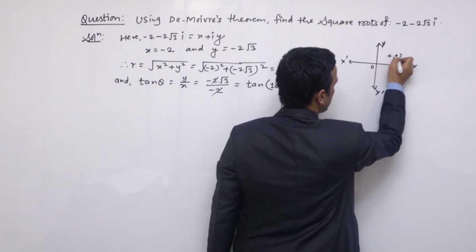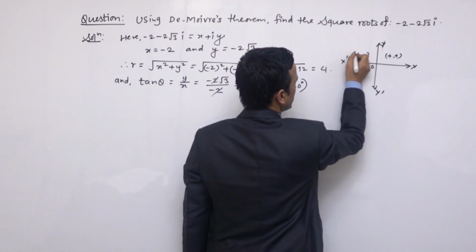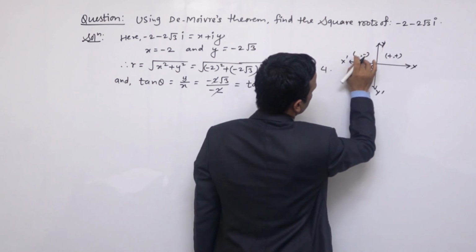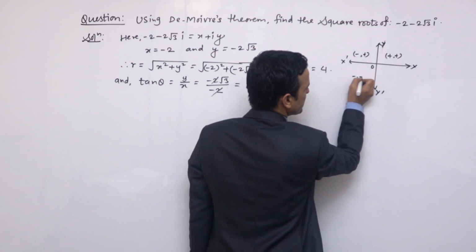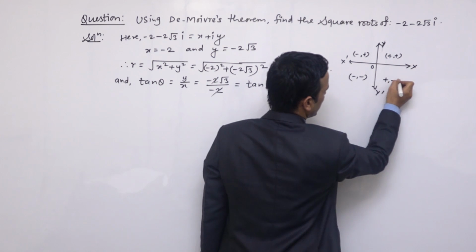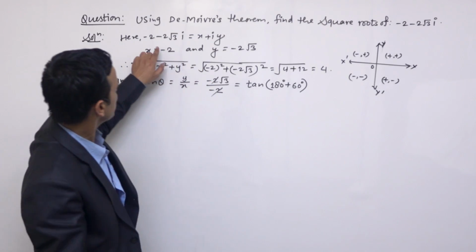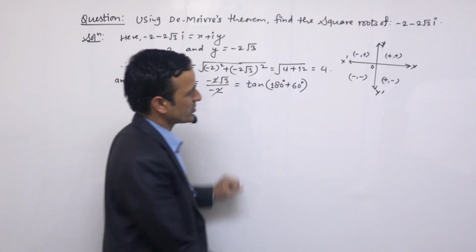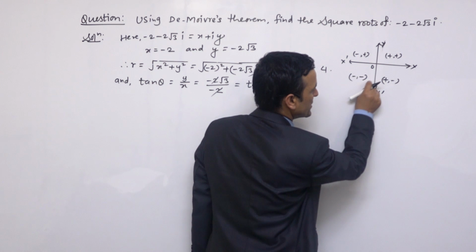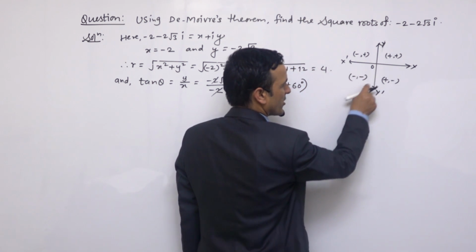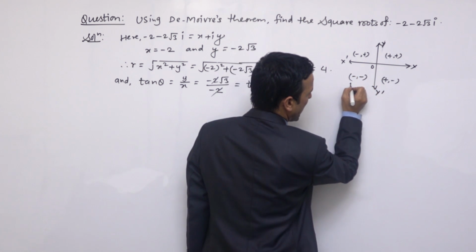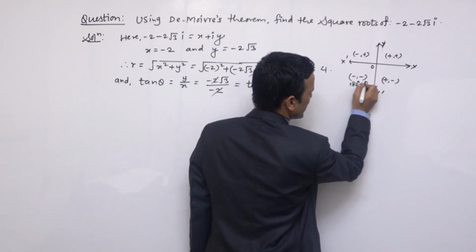Here is plus and plus, here is minus and plus, here is minus and minus, here is plus and minus. So since x is negative and y is negative here, we take the third quadrant. So we take the third quadrant, and in the third quadrant we have 180 plus theta.